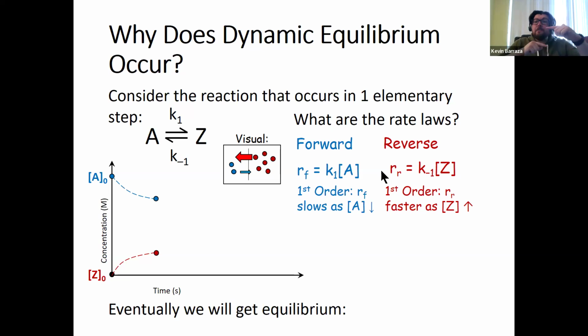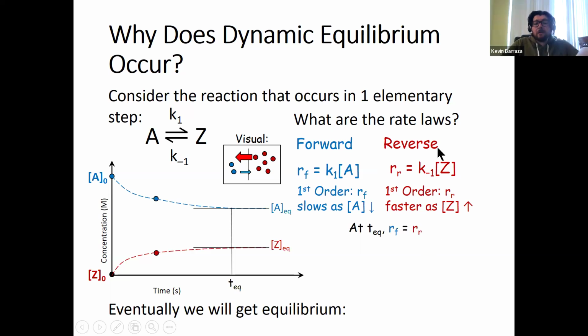It's going to start getting a faster rate going backwards. Eventually, they are going to meet in the middle, where the rate of the forward direction and the rate of the reverse direction will be equal to each other. So at any moment in time, for every one A that I turn into a Z, another Z is going to turn into an A.